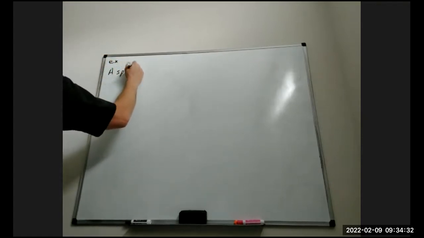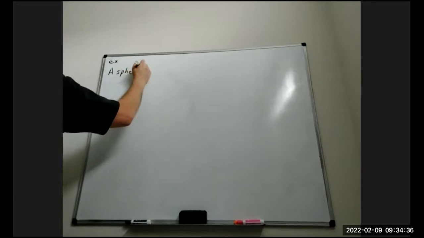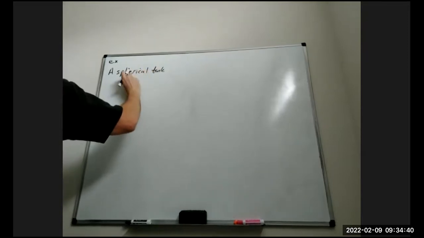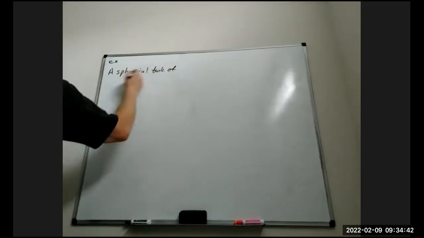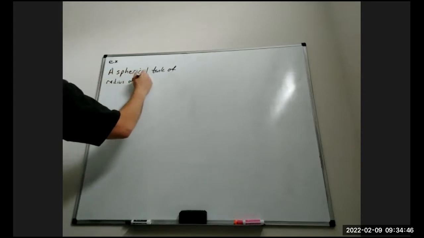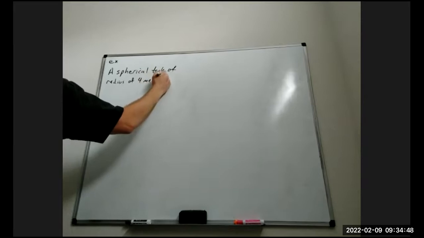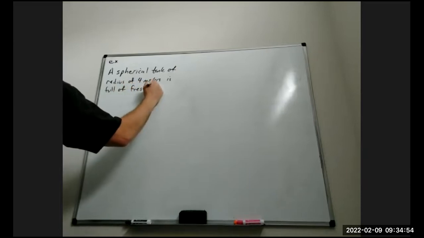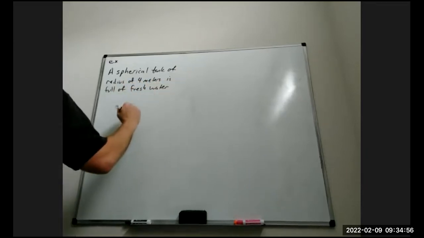Suppose that we've got a spherical tank, and let's say it has a radius of 4 meters. It's full of water. Okay, so it's going to be full of fresh water.